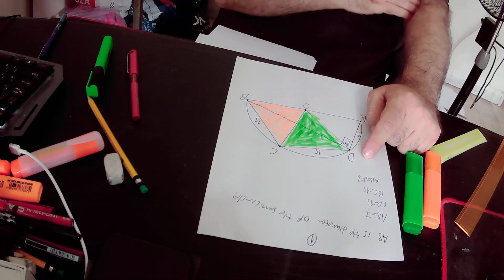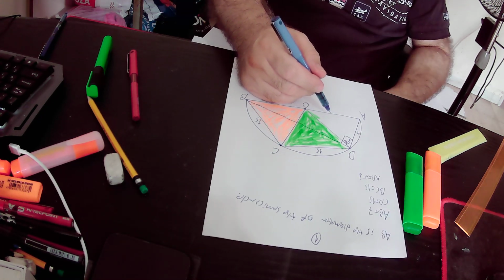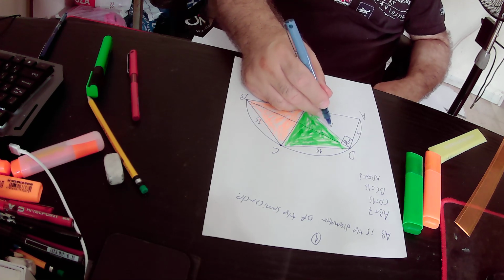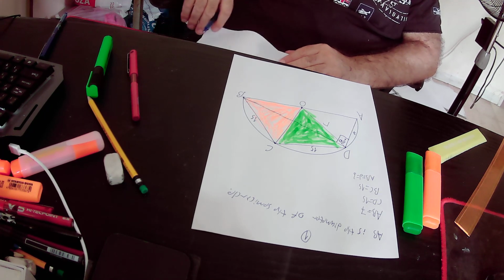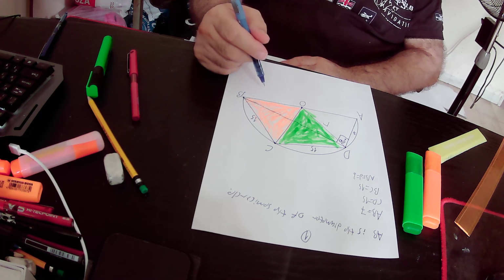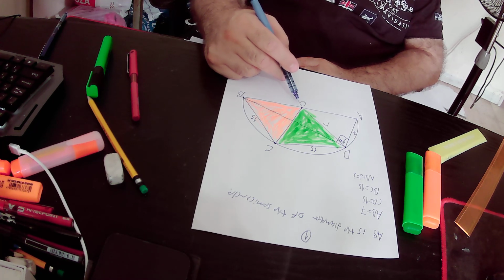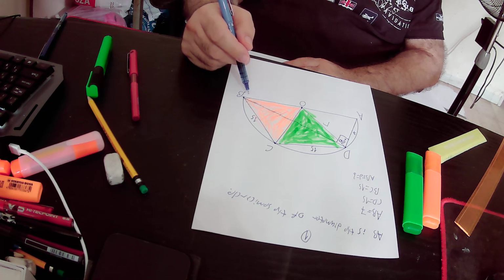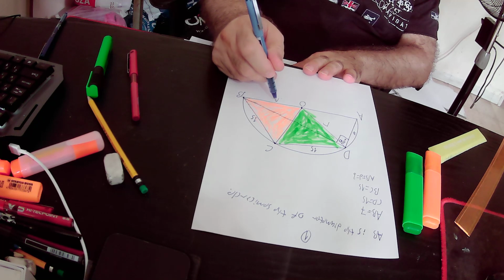Therefore, OD is the radius of this semicircle. We will mark the radius of this semicircle as R, and also OB is the radius of this semicircle for the same reason. It starts from the center of the semicircle, that is to say from point O, and ends at point B, that is a point on the semicircle itself. Therefore, OB is the radius of this semicircle.